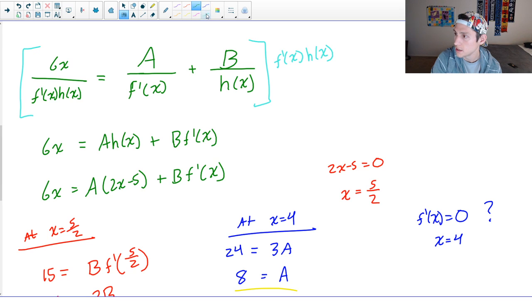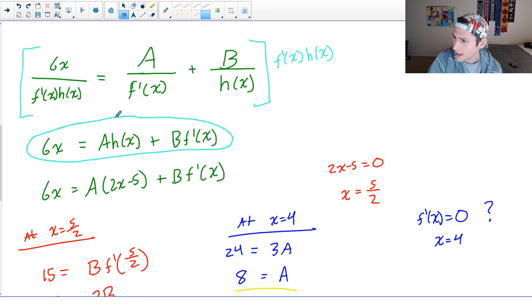All right, let's go back up to here. Look at this. I have an equation that I could just solve for f prime, especially since I know what a is and I know what b is. So a was 8, so 8 times h of x, which is 2x minus 5, plus b, which is 5, times f prime of x.